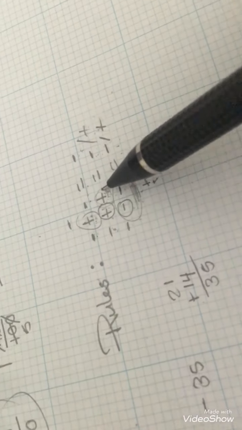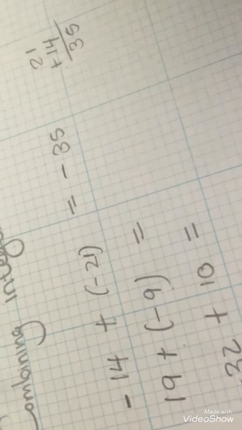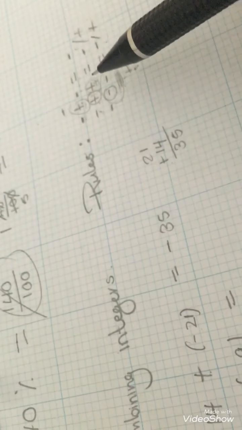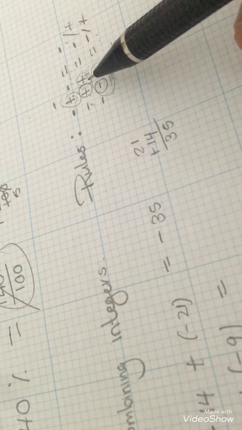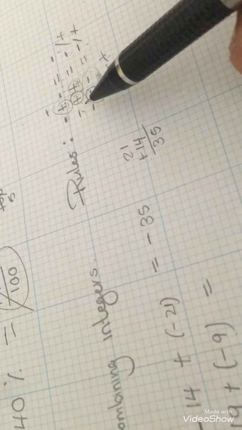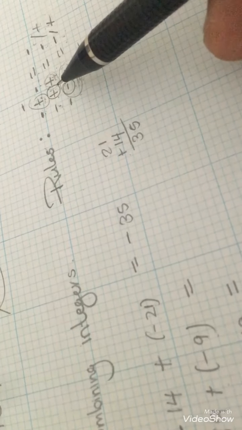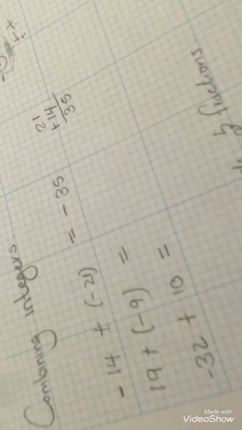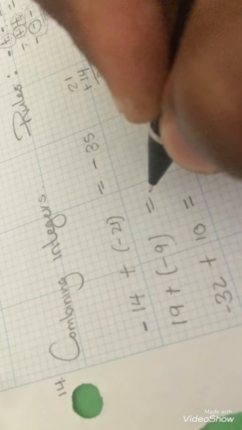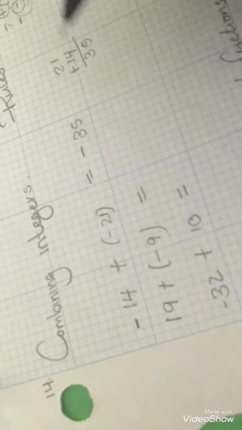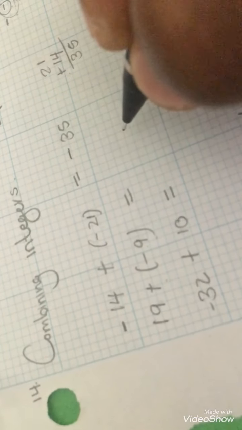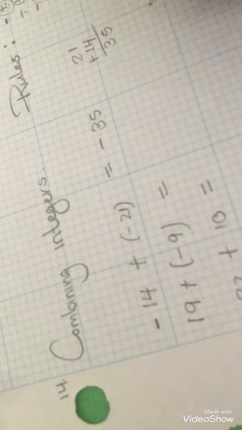Positive plus a negative is going to give us either a negative or a positive, so we don't put back our sign yet. However, we said that if the positive is bigger, the answer is going to be positive. If the negative is bigger, the answer is going to be negative. Good. So we have the positive being bigger, so we know that our answer is going to be a positive answer.